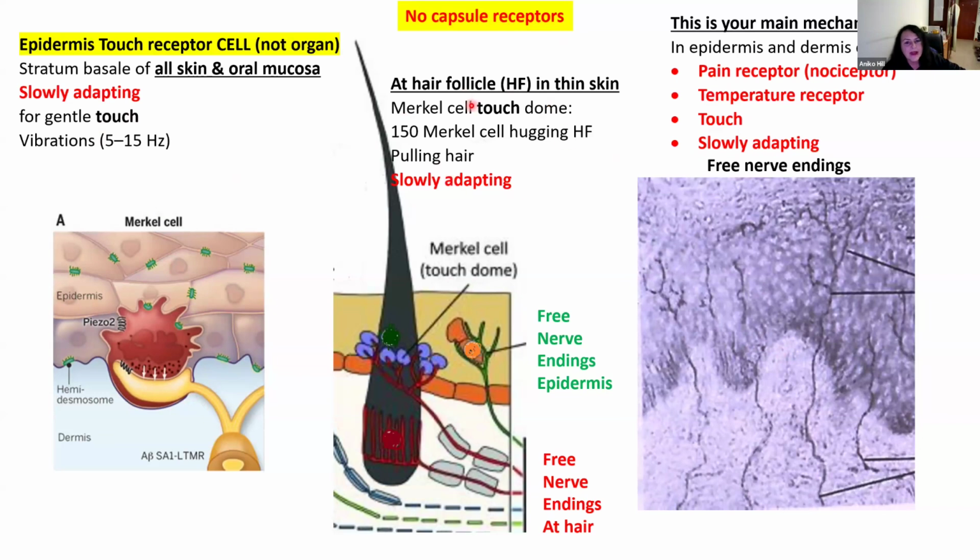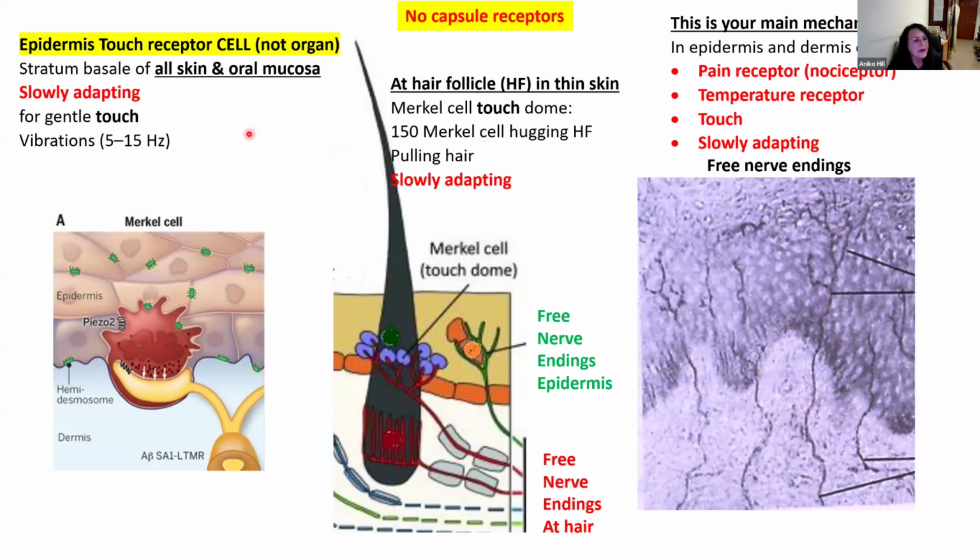Then at the hair follicle, you actually have two kinds of receptors: free nerve endings that are actually hugging the hair follicle, and this bunch of Merkel cells hugging the hair follicle that people usually call Merkel touch dome. And what I mentioned to you earlier, the free nerve endings are really the number one receptors, and they're called free because they do not have a capsule.